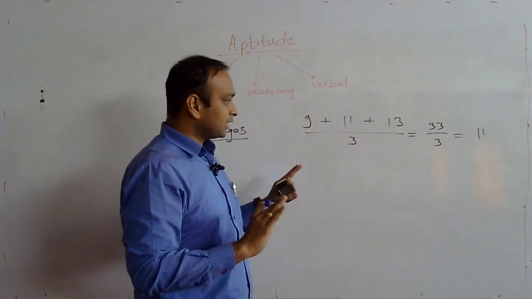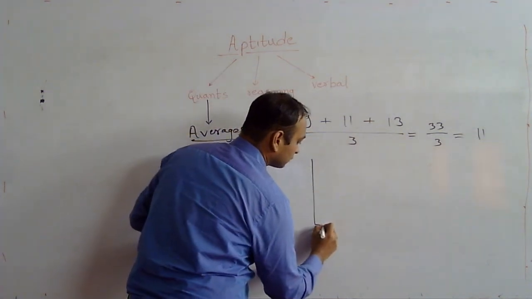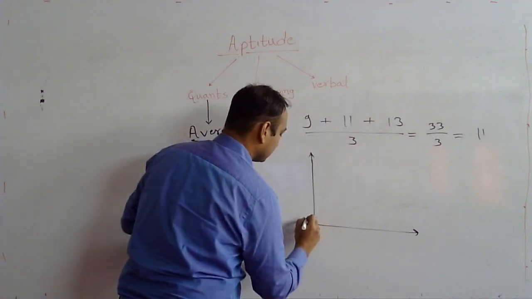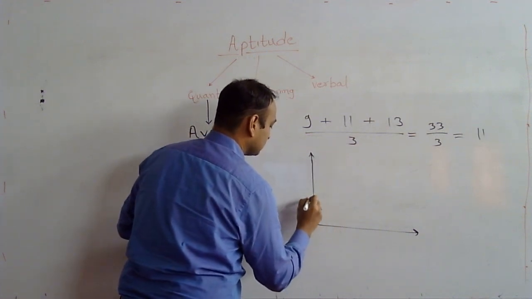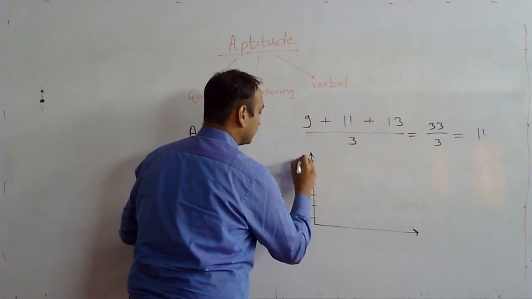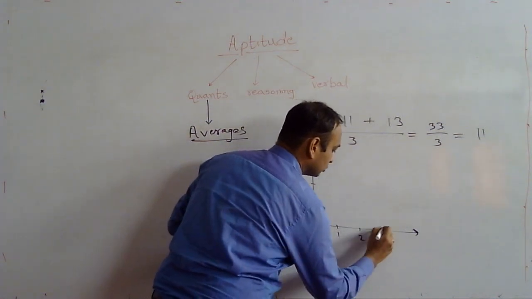Now the same thing we can represent graphically if we draw a graph over here. Let's say here we have the values like 8, 9, 10, 11, 12, 13 and so on, and here we have the points 1, 2, 3.